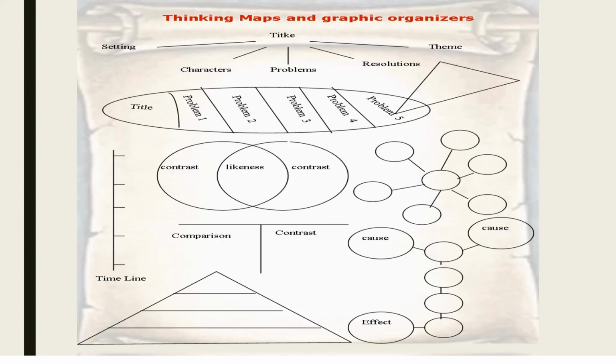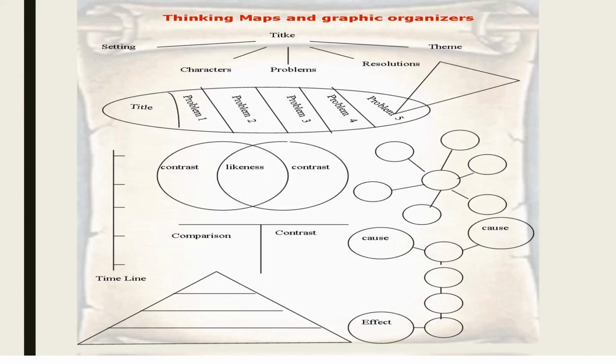Of course, the Venn diagram, identifying the differences and the likeness of the characters or the setting. If it is somewhat historical, you can use a timeline. You can even use a pyramid here, also for the elements of the story.